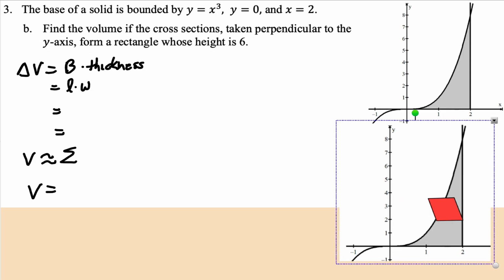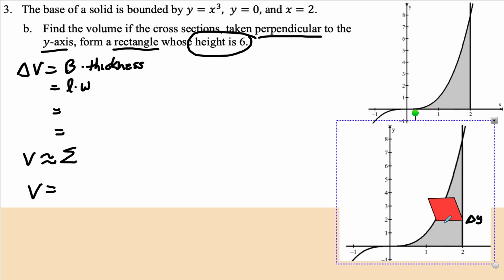Let's take a look at this problem. We have the same area that we're working with, but the cross sections are now perpendicular to the y-axis, and they are still a rectangle, but this time the height is always the number 6. So here again it is perpendicular to the y-axis. That means this thickness will be delta y.